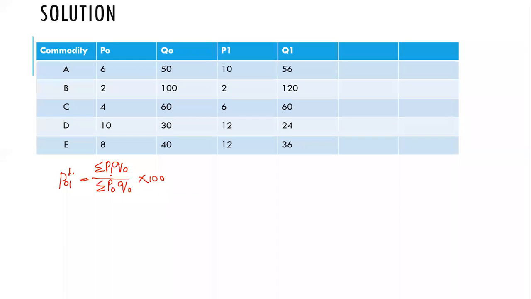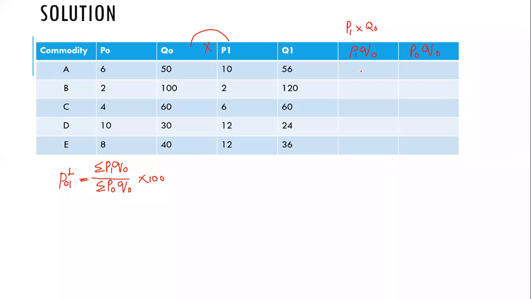So what do we need? We need P1 Q0 and P0 Q0. Whatever is asked, you just have to multiply. P1 into Q0 means multiply P1 with Q0.